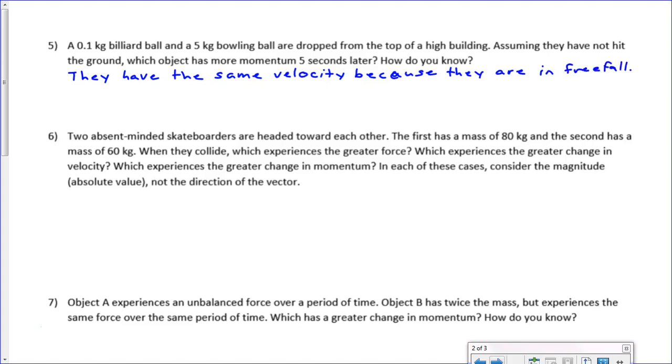However, the bowling ball is going to have more mass, so the bowling ball is going to have more momentum.